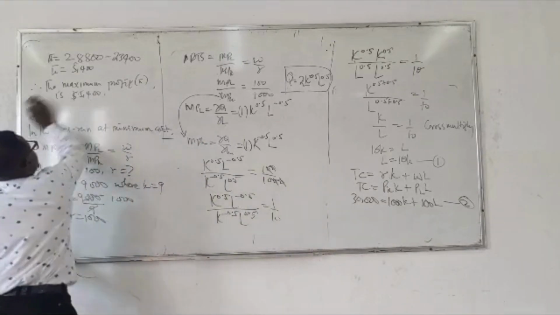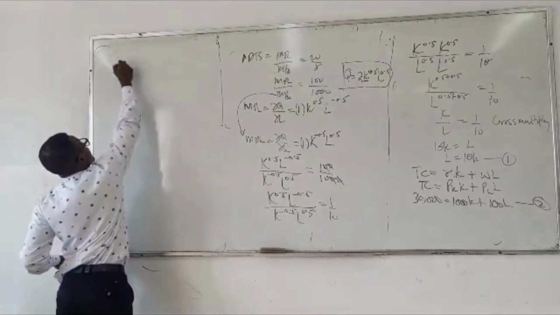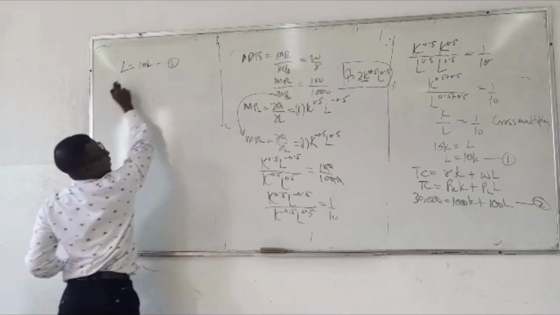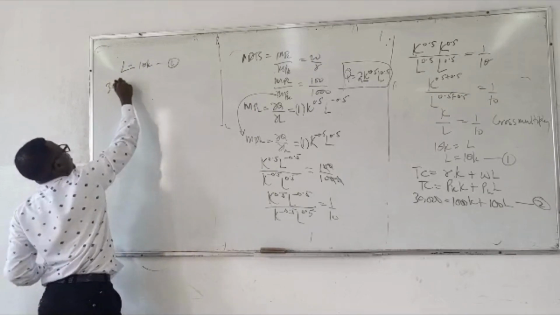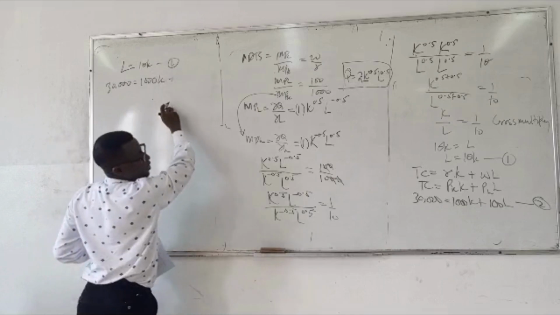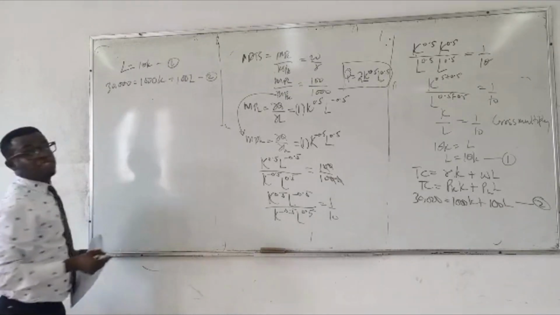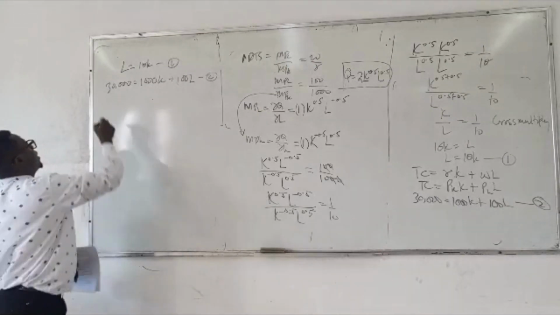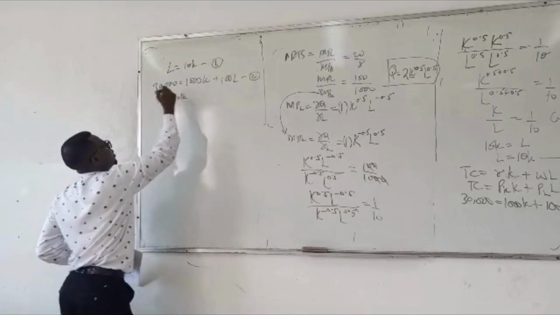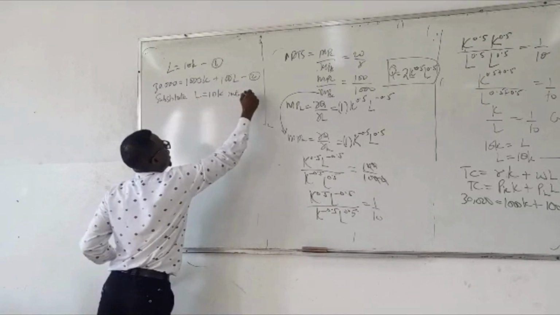All right, let's proceed. I've gotten L equals 10K as equation 1, and 30,000 equals 1,000K plus 100L as equation 2. We now solve by substitution. Substitute L equals 10K into equation 2.